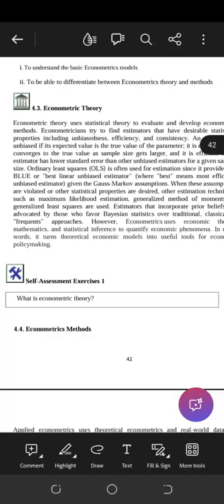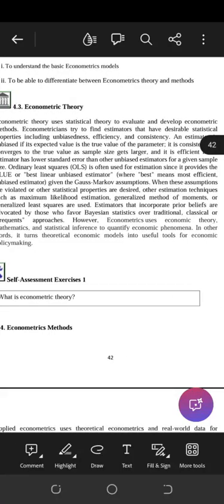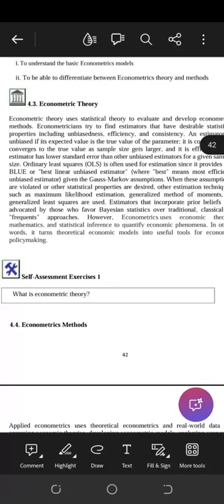So we call it BLUE. OLS estimators are called BLUE estimators. The B stands for best. It is actually best linear unbiased estimator. Best linear unbiased estimator, only BLUE. So it's a way to remember.